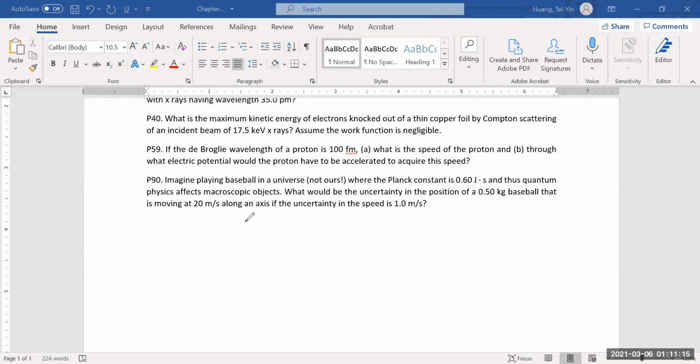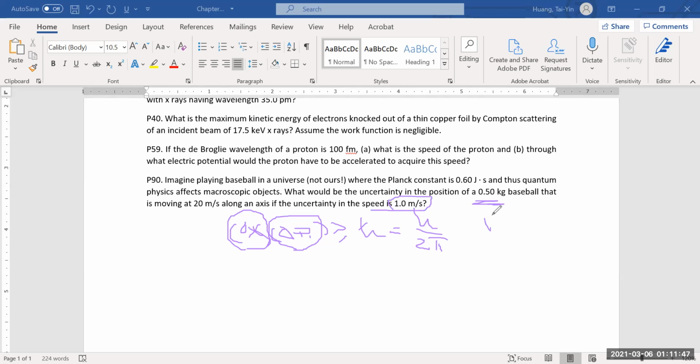So let's see how we apply the uncertainty principle. We know that delta x times delta p has to be greater than or equal to h bar, which is h over 2 pi. Now we want to find this quantity, so we need to know delta p. We know that the mass is 0.5, and the uncertainty of speed is 1.